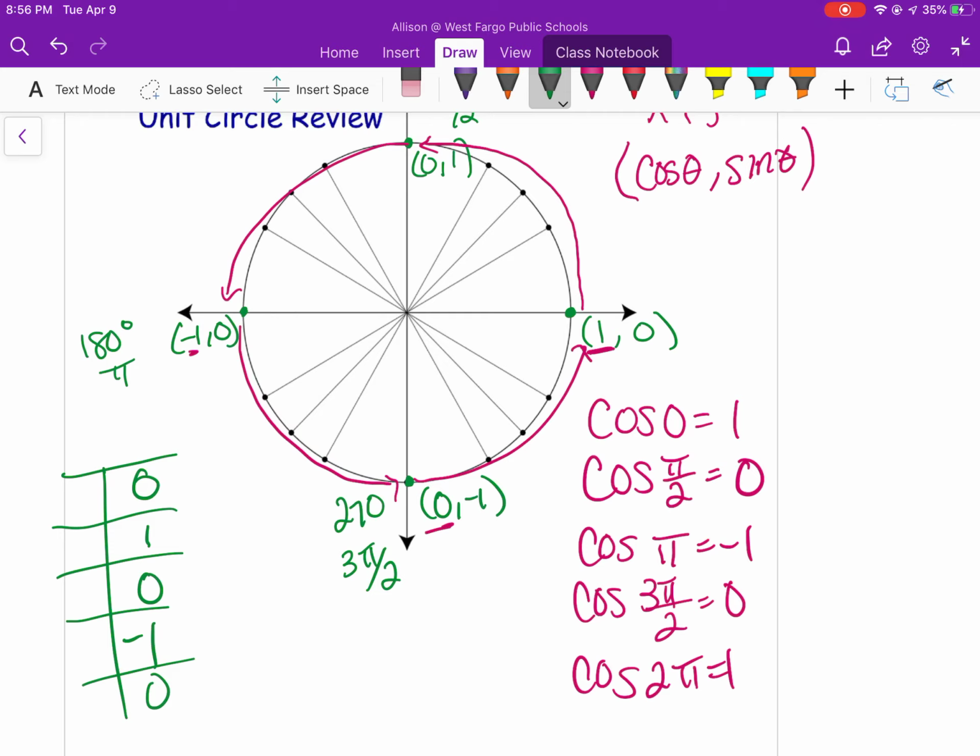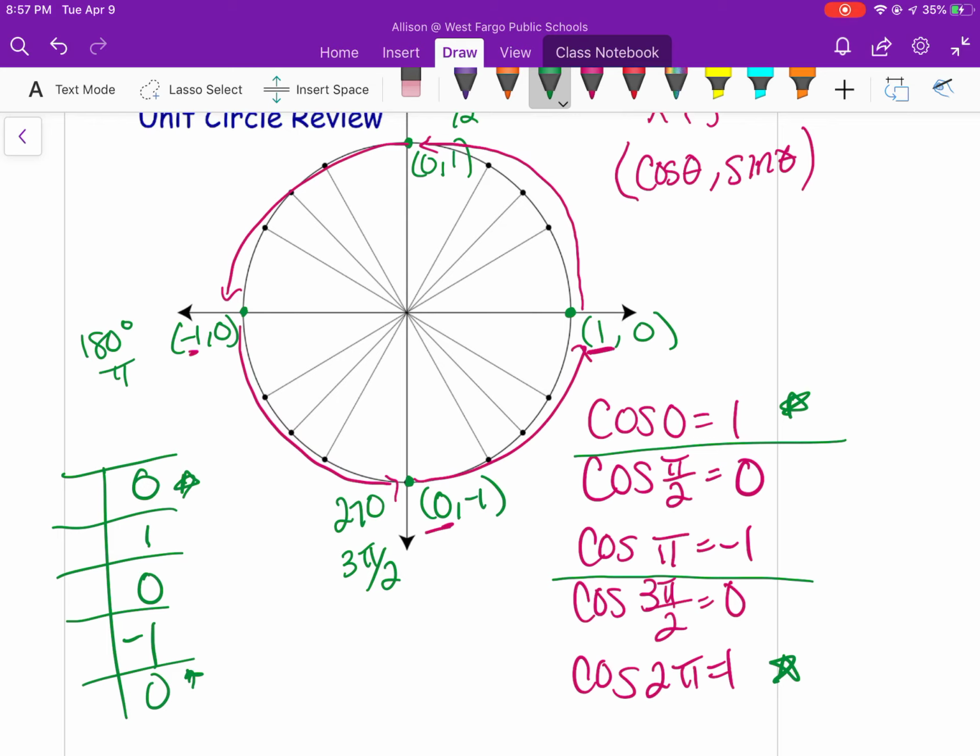If you shifted the cosine function so that it started at 3 pi over 2, you'd actually have the sine function. So if you shift the cosine, it would lay right on top of the sine function. It makes almost the identical loop. But cosine starts at 1 and ends at 1, and sine starts at 0 and ends at 0.